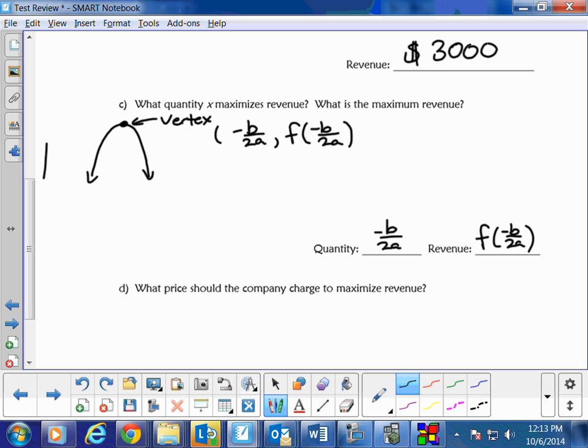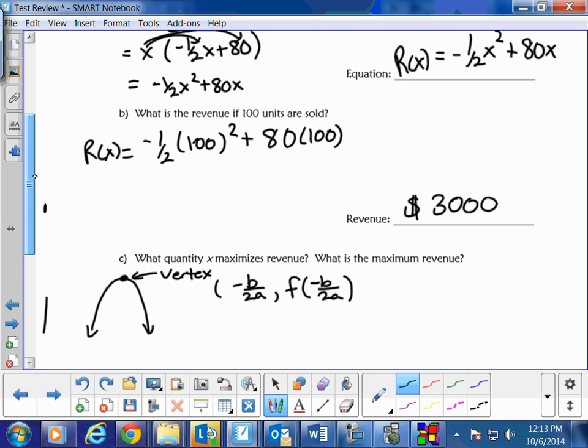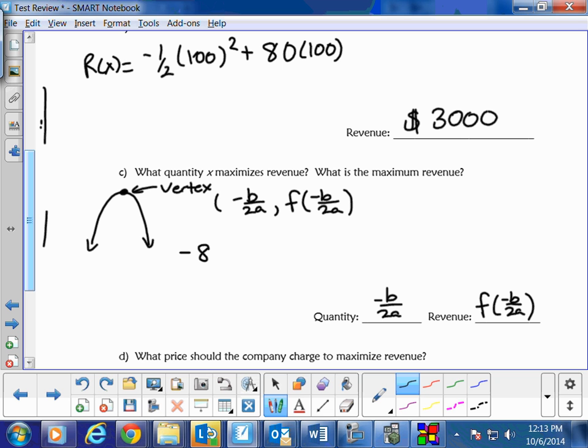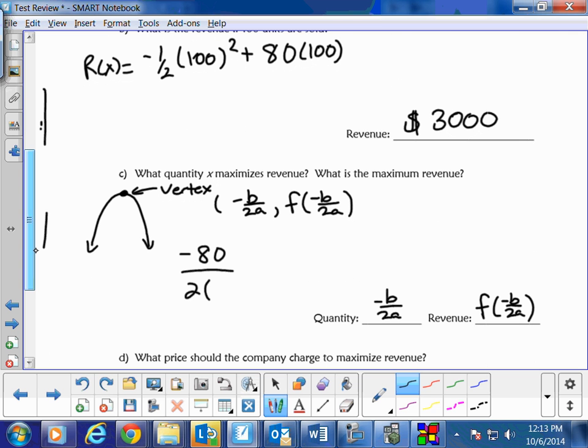So in this case, negative b is negative 80, all over 2 times negative 1/2. Good. Now let's use our calculator to figure out what that is.